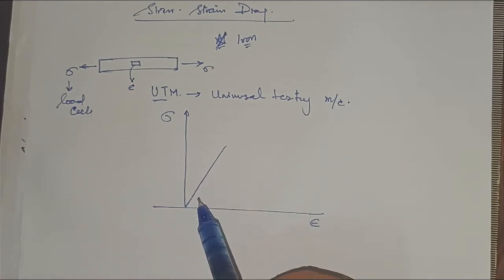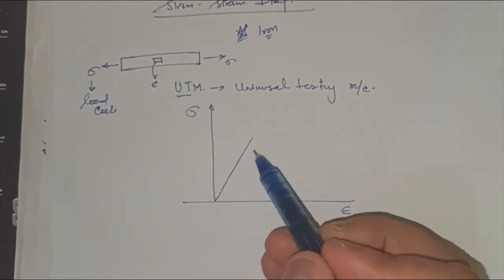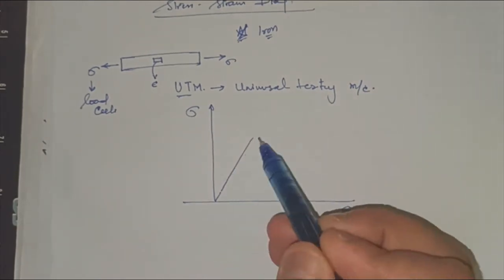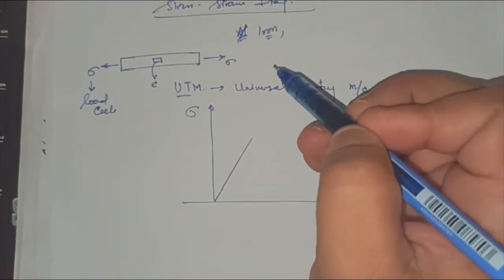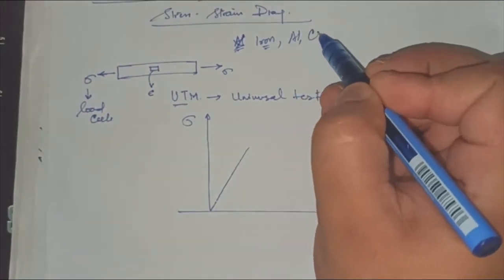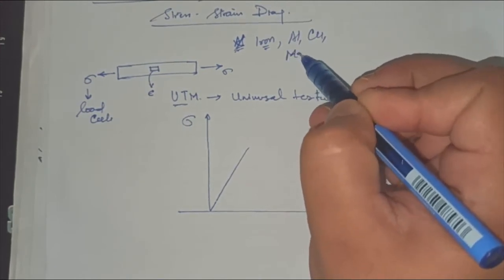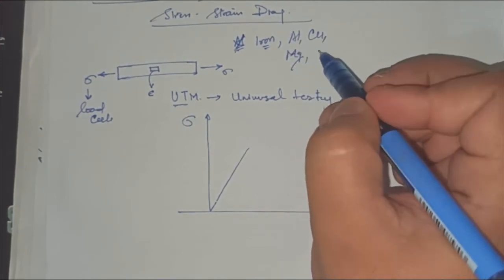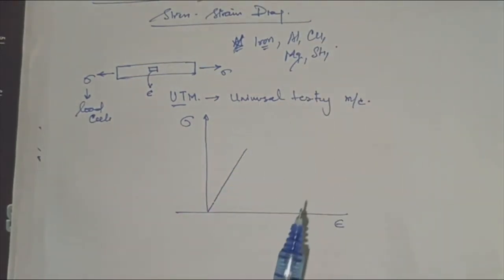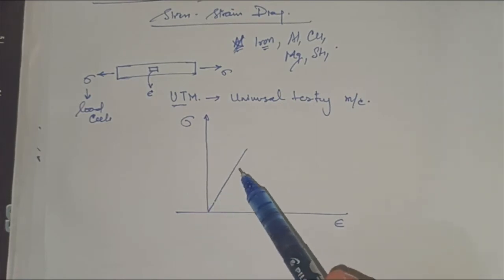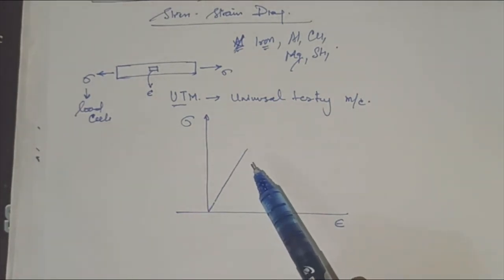As the load is increasing, there is an increase in the deformation also. So I can make some kind of a relationship. This is valid for almost all materials, whether it's iron, aluminum, copper, magnesium, steel, and so on. All these types of metals usually show an elastic behavior.